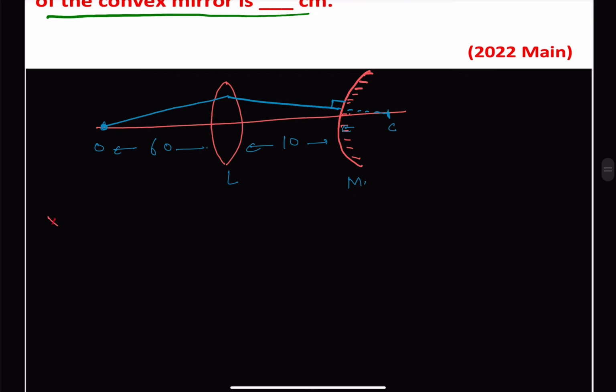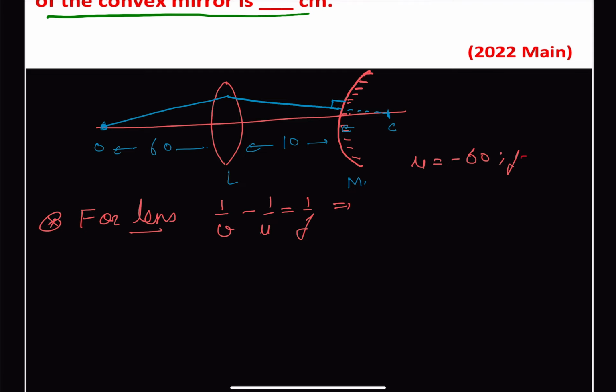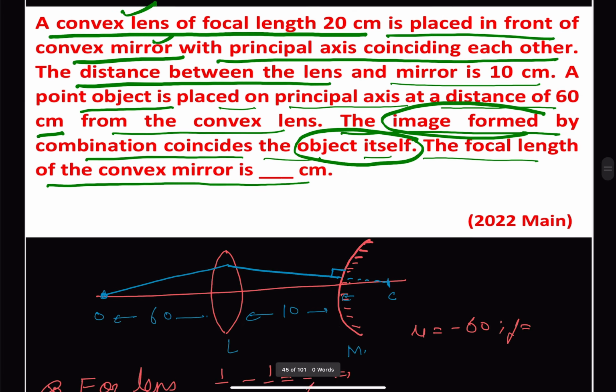So we can say for lens, we can use the formula 1 upon v minus 1 upon u is equal to 1 upon f, and our u is minus of 60, and the focal length is given to us to be 20.